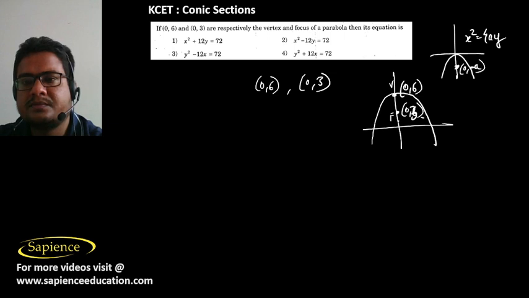So now if this is shifted upwards, then it means that here we can shift the origin. The vertex 0, 0 has been shifted to 0, 6. So it means that we should replace y with y minus 6.